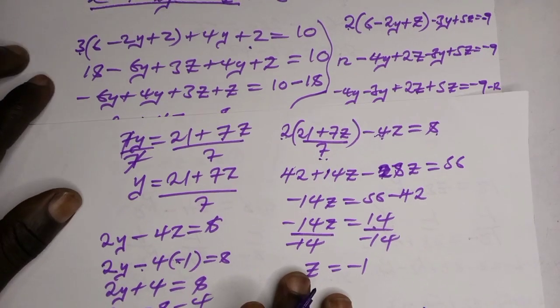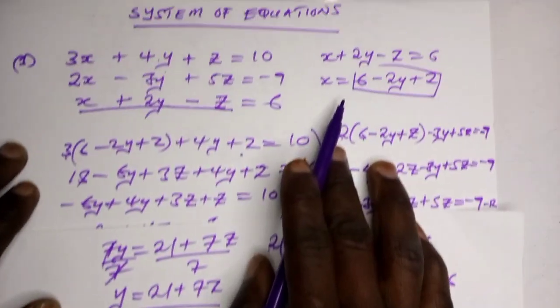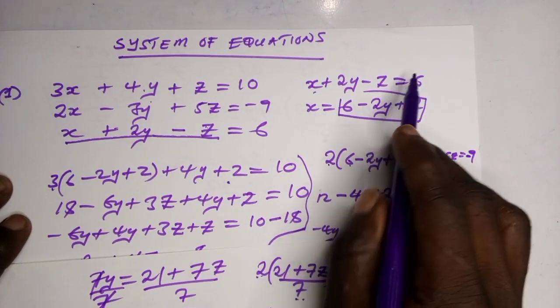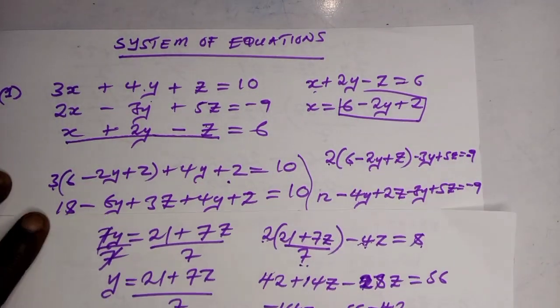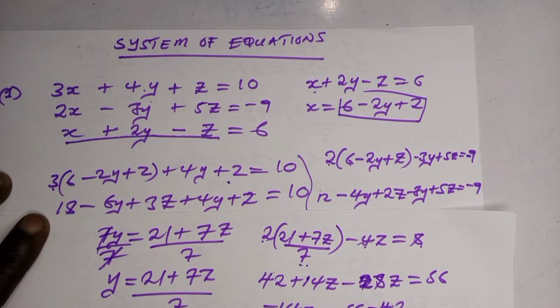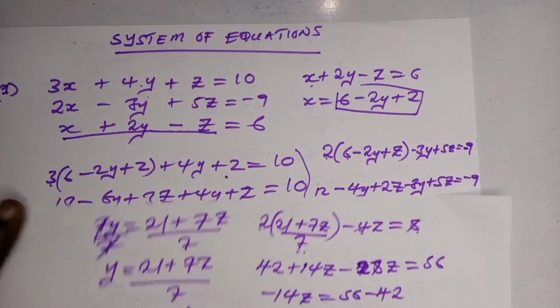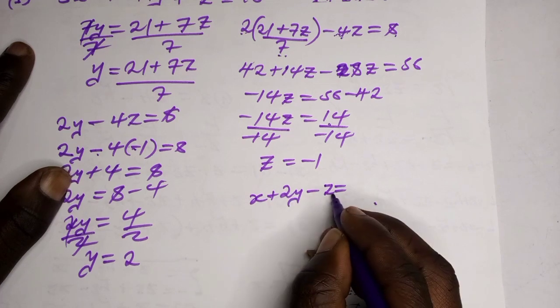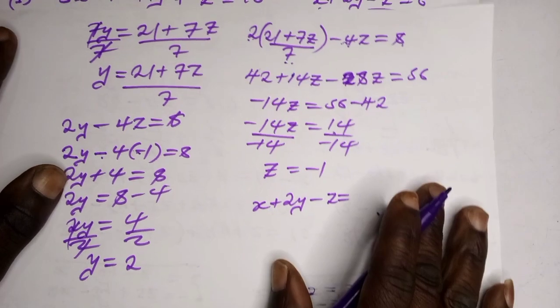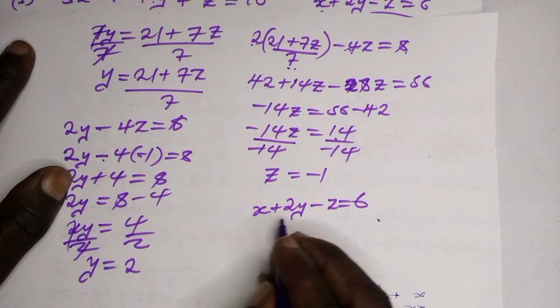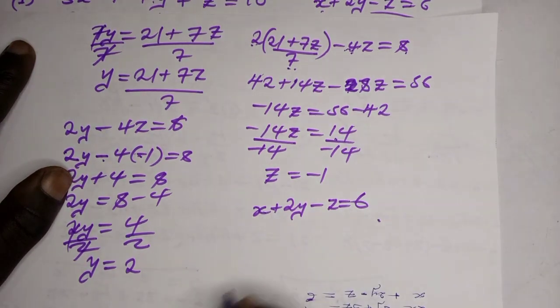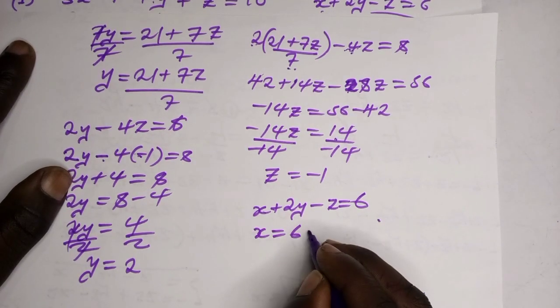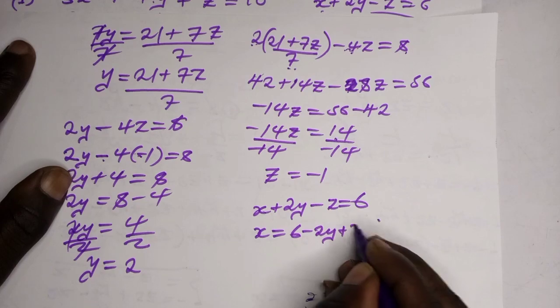So let's find the value of x now. We are going to take the equation which we extracted, x plus 2y minus z equals 6. Like I said, we have to make x the subject of the formula, so x equals 6 minus 2y plus z.